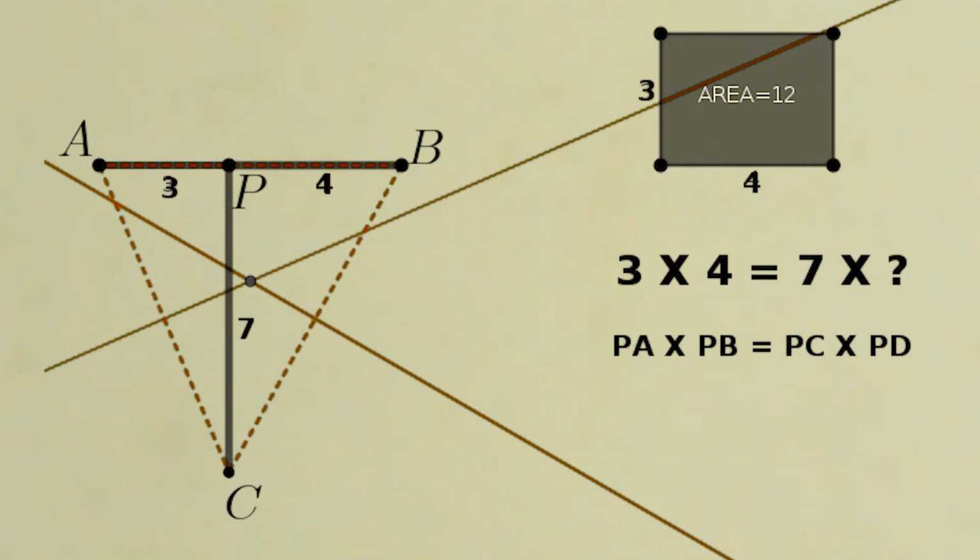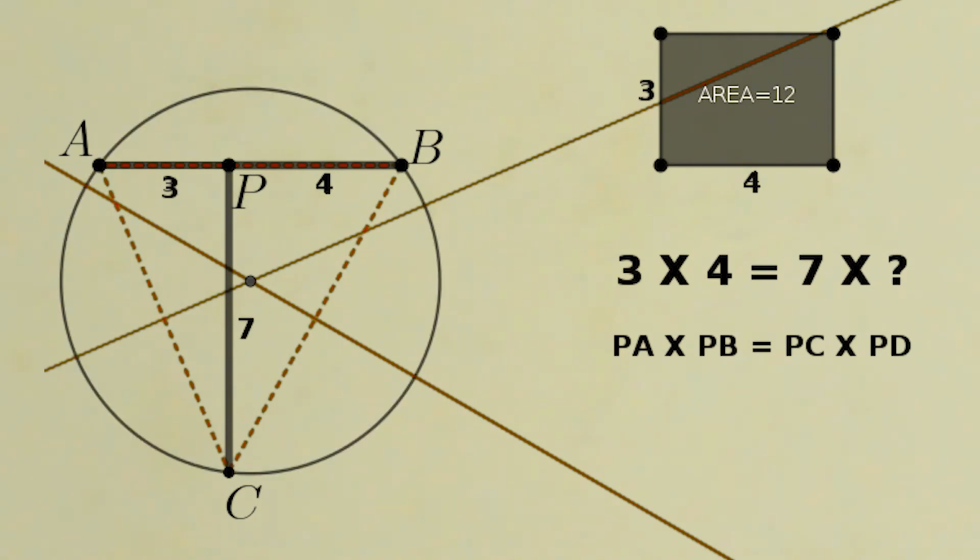Using this point as center and the radius to any of the points A or C or B, I am going to complete my circle. So we have got the circle around the points A, C and B. Next, let us try to find our point D. Yes, very good. Extend the line PC upwards to touch the circle.